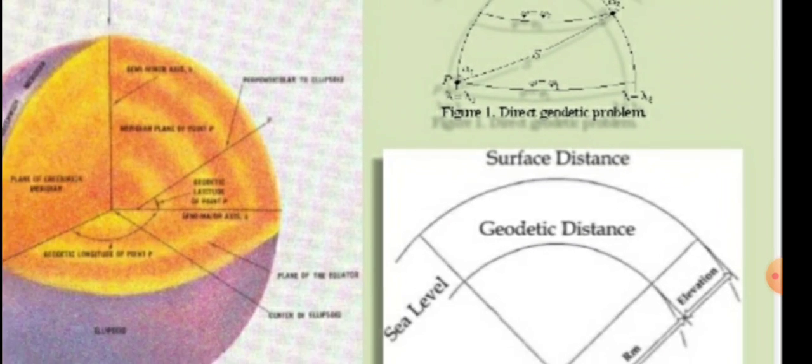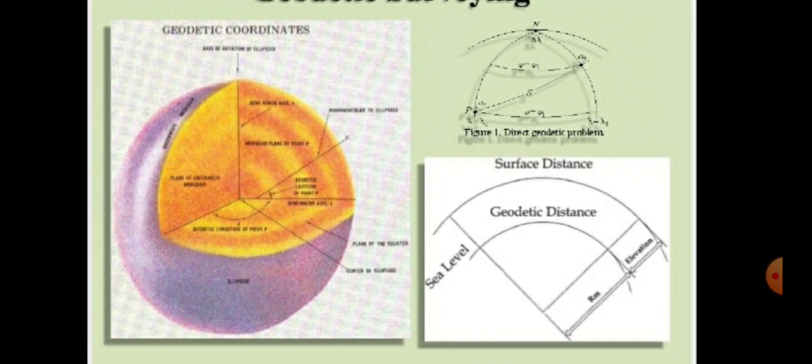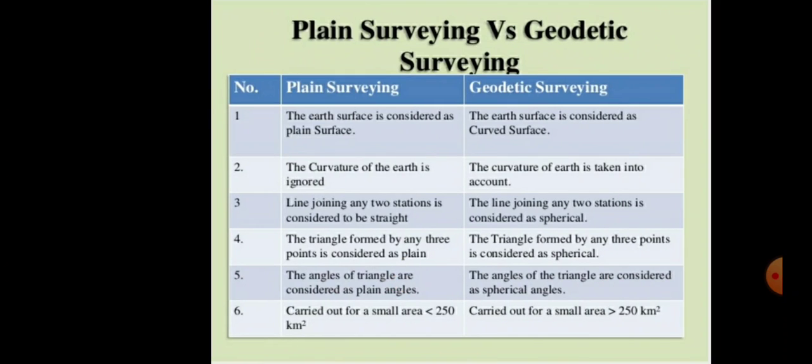When the line between the two is joined, we consider it as a curved line, but it is not so in plane surveying. When two points are joined, it is considered as a straight line. When this curved line is considered and reduced, then corrections are done. This we will cover in the upcoming videos and lectures.